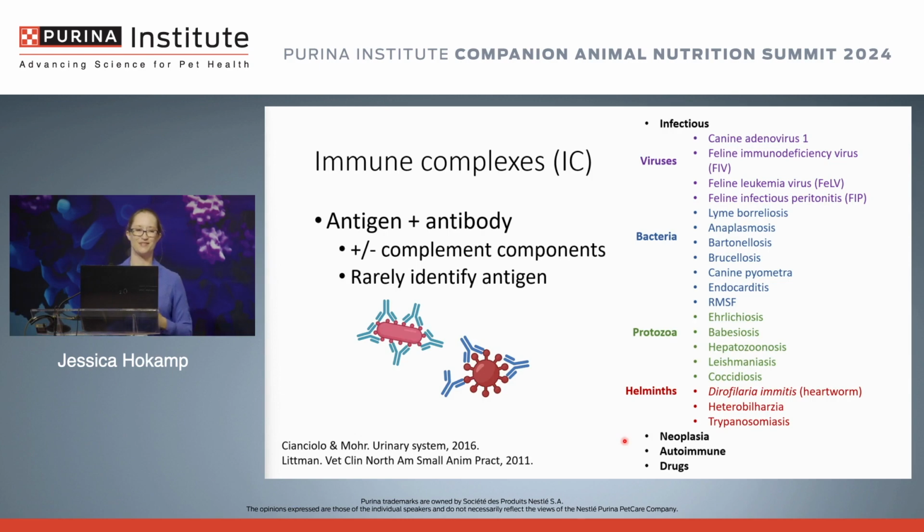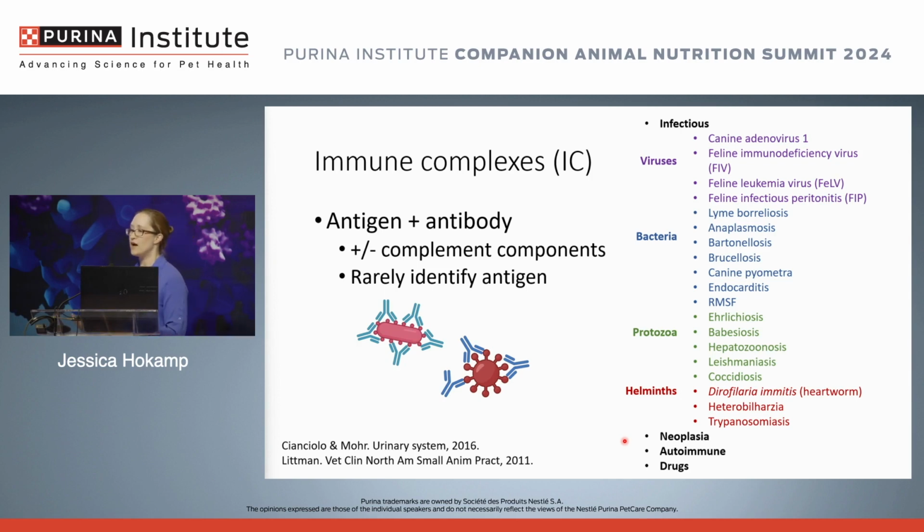Formation of immune complexes: immune complexes are simply an antigen plus an antibody, and they may or may not have a complement component added in there. Rarely in our veterinary species do we actually identify the inciting antigen.